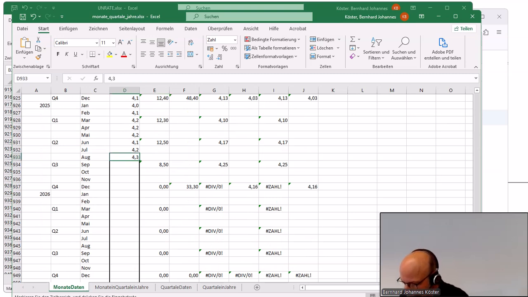We see here that the last data point is fortunately just August, and therefore the aggregation for the second quarter is also okay. But if you had only data until June or July, then of course you would not have a full data point for the last quarter. And you always have to keep in mind that you look at the starting point and at the end when you are changing the frequency.